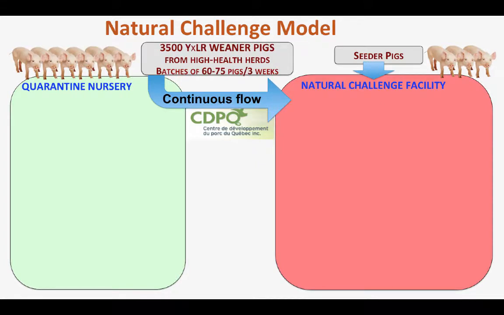These seeder pigs then have been mixed with Yorkshire Landrace weaner pigs from high health herds in batches of 60 to 75 pigs every 3 weeks in a continuous flow system, so a mixing of old batches with incoming batches. Before these pigs go into the natural challenge facility, they enter a quarantine nursery where they are kept for 3 weeks. These 3,500 Yorkshire Landrace weaner pigs come from 7 industry partners from PigGen Canada that are collaborating in this project.